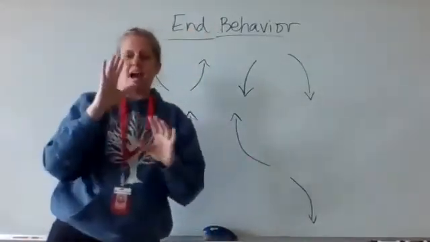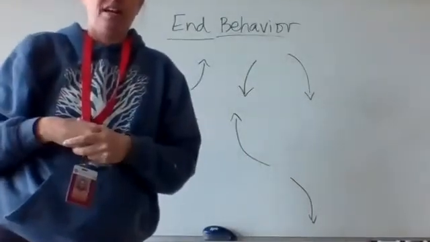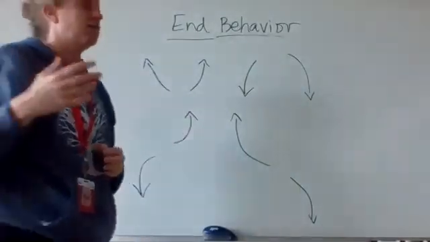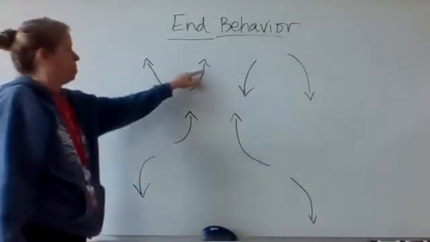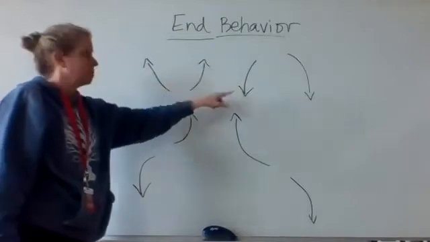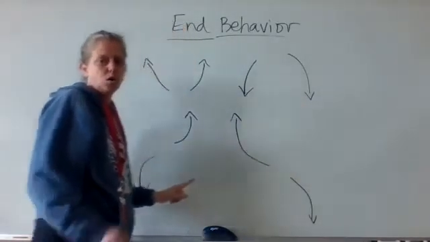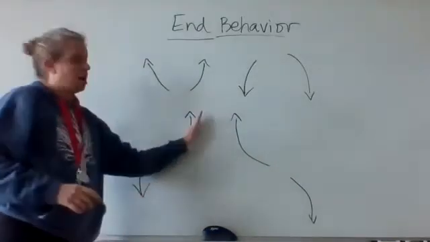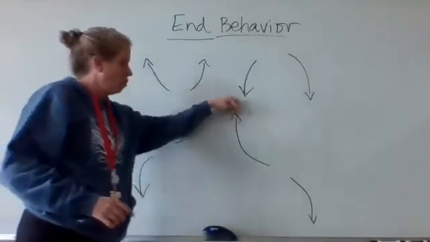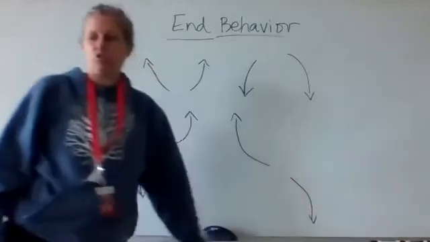Different things can be happening in the middle of whatever the graph is. Okay, but we're just going to talk today about what's going to affect the ends of the graph, whether or not they will both be going up or both be going down, or whether it starts down here and travels up to the right side, or whether it starts up on the left and travels down to the right.